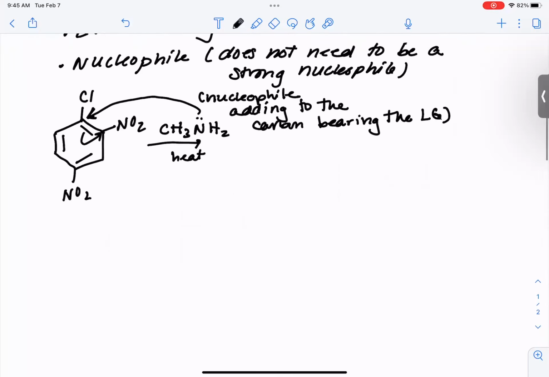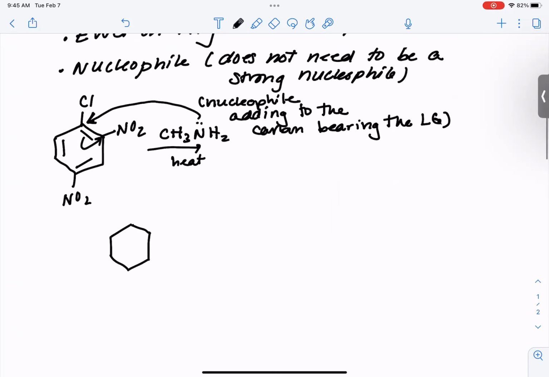I'm just going to scroll so I can go straight across with the resonance structures. When the addition step happens, this breaks the aromaticity of the ring.